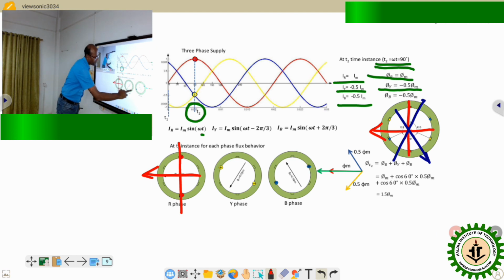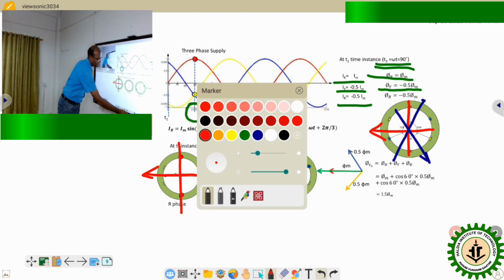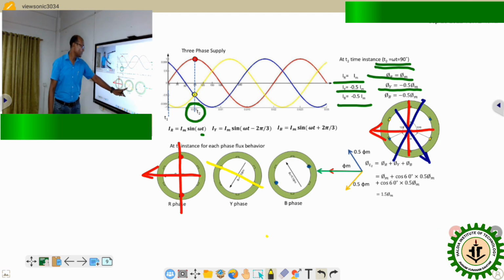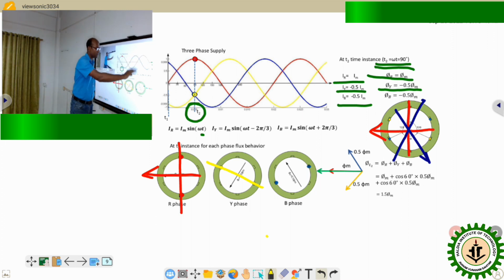Similarly, the Y phase is along that axis, so perpendicular to that is phi y, that is 0.5 phi m. Because I choose the direction by the minus or plus sign, here I took only the magnitude. The minus and plus signs are considered for the direction of flux, either downward or upward.